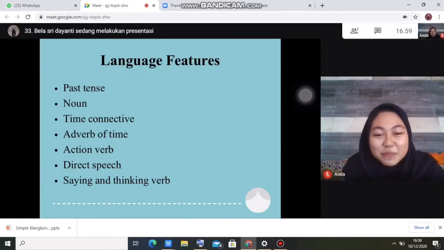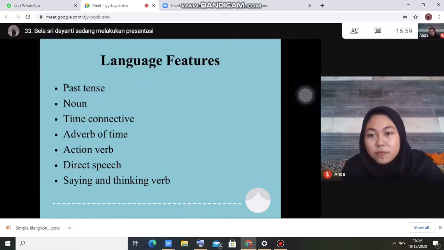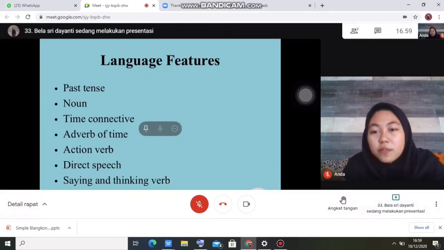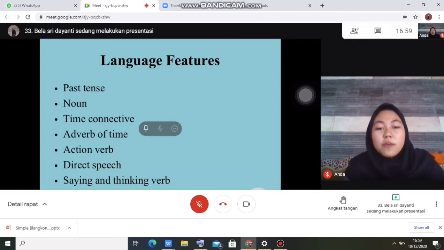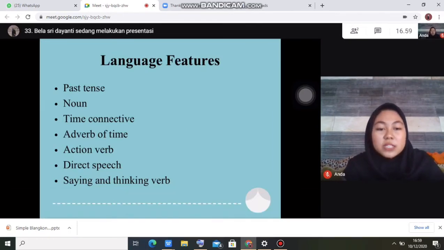Adverb of time is needed in writing narrative text with the aim of showing the time when an event occurred. For example, once upon a time, one day, and so on.